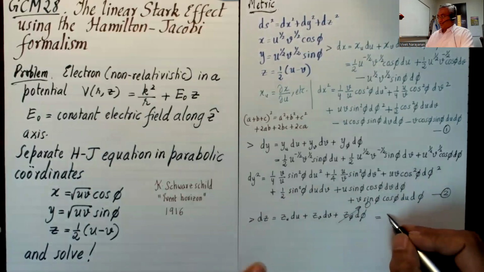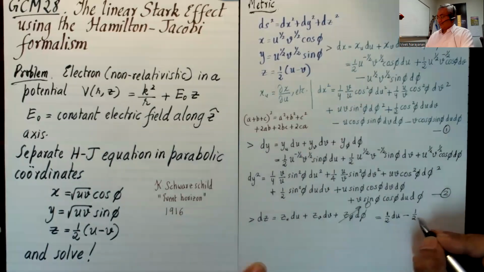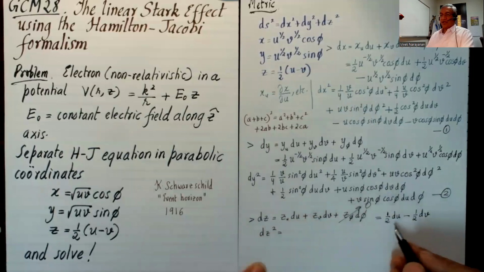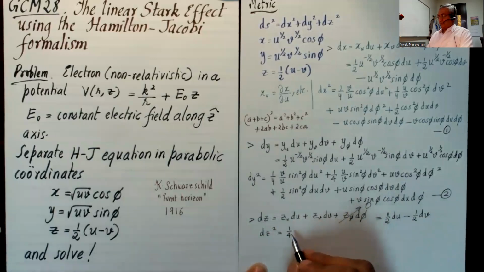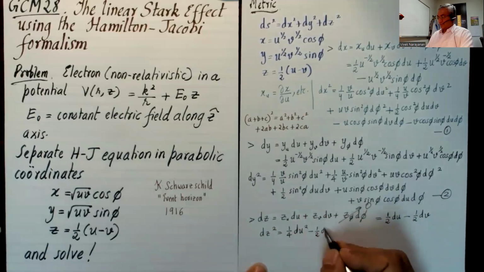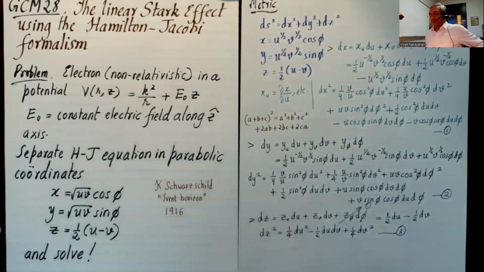Well, Z sub u is just half, and Z sub v is minus half. So when I square, I'm only going to get a plus b, the whole thing squared. So it's a squared minus 2ab plus b squared. Let's call that equation 3.